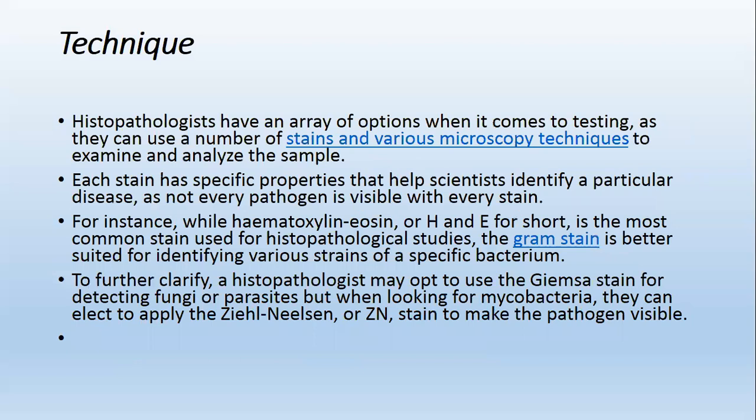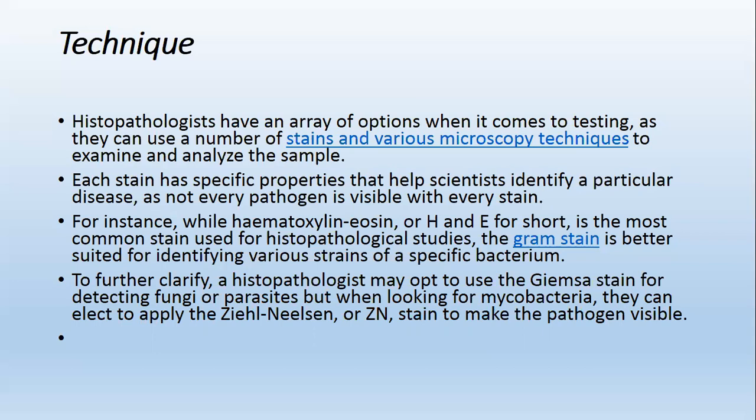Techniques. Histopathologists have an array of options when it comes to testing, as they can use a number of stains and various microscopic techniques to examine and analyze the sample. Each stain has specific properties that help scientists identify a particular disease, as not every pathogen is visible with every stain.